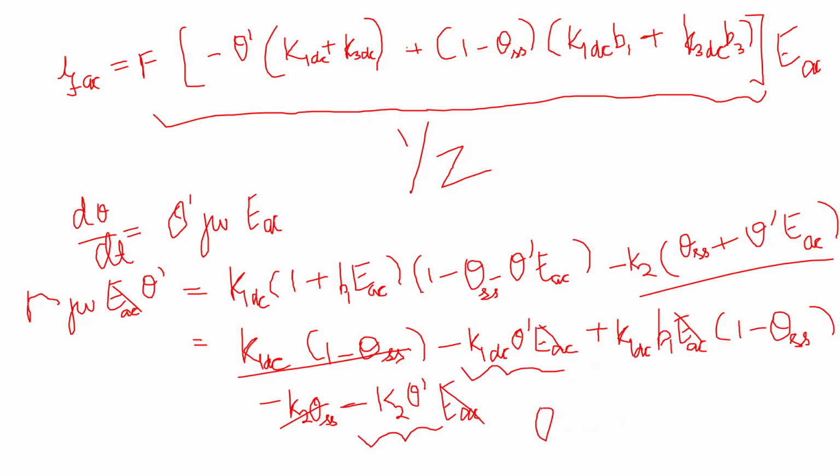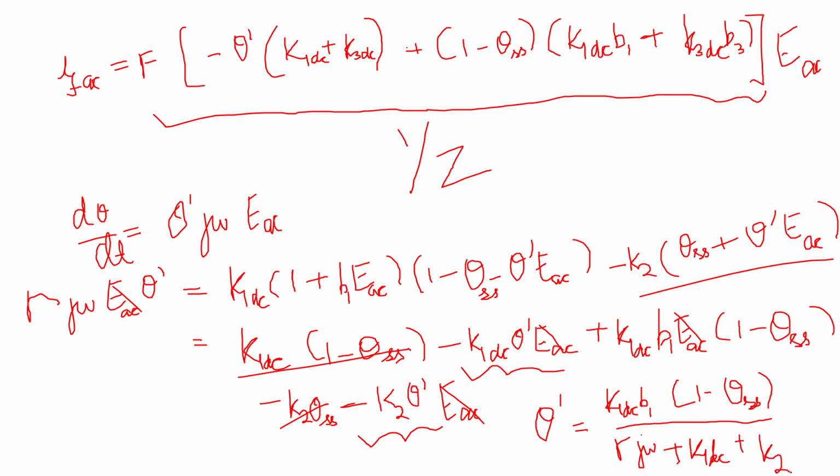So finally, theta dash will be nothing but K1 dc into B1 into (1 minus theta ss) by gamma j omega plus K1 dc plus K2. Are you getting a similar equation?